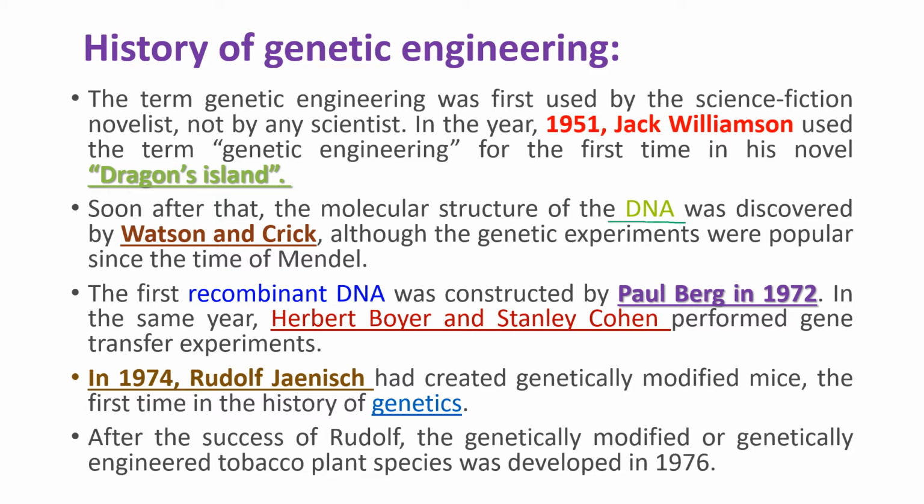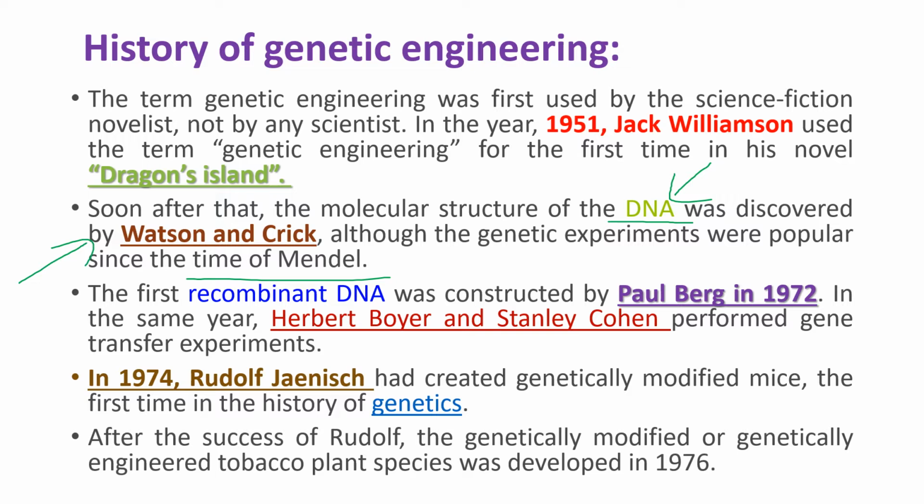In 1953, Watson and Crick, the two scientists, gave the structure of DNA. Although genetic experiments were popular since the time of Mendel, the exact structure of DNA by X-ray crystallography was given by Watson and Crick.